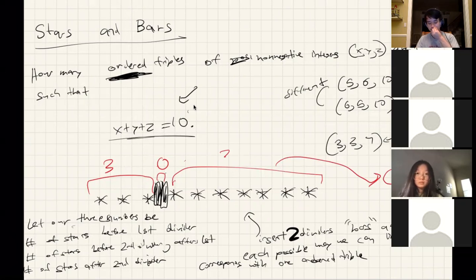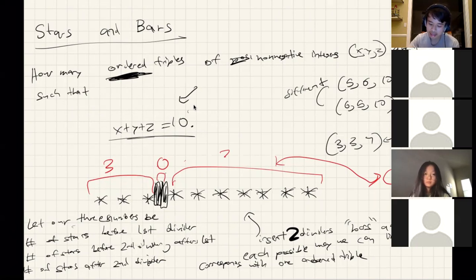So that's going to correspond with a unique ordered triple of non-negative integers that sum to 10. And we can construct this backwards, so this goes both ways. If we started with the ordered triple 3, 0, 7, then we can reverse construct this configuration by having 3 stars, then a bar, then 0 stars, then a bar, then 7 stars.